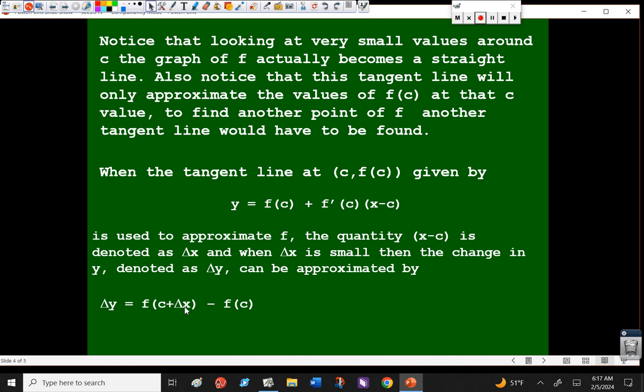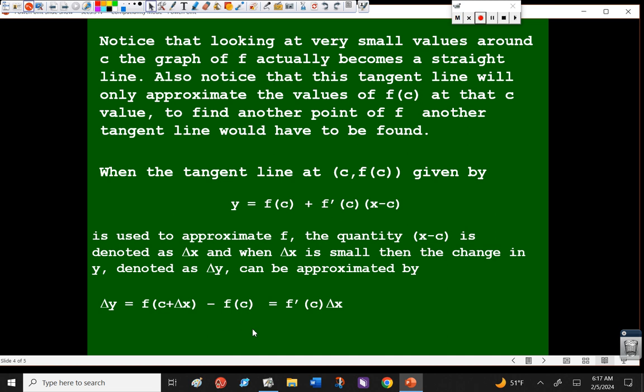Since we're letting delta x get really, really tiny, using our limit process, f of c plus delta x minus f of c is going to be the change of y, a very small change of y. This is really the derivative at c times the actual change of x.